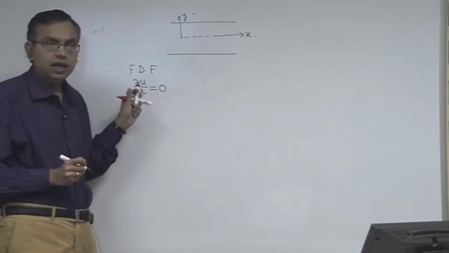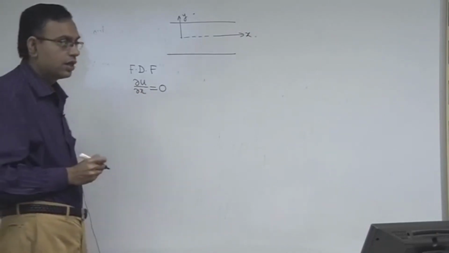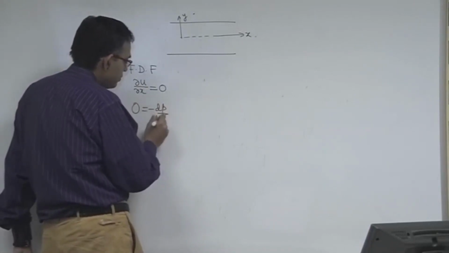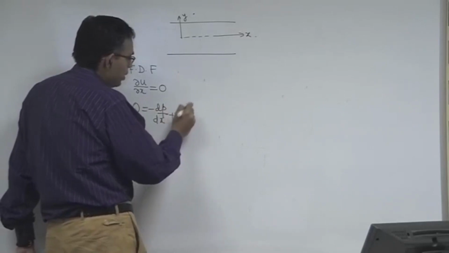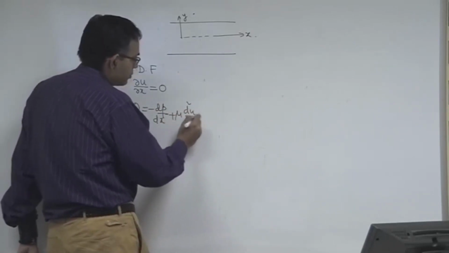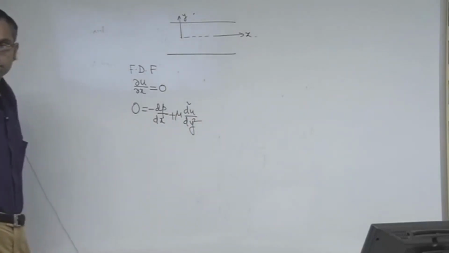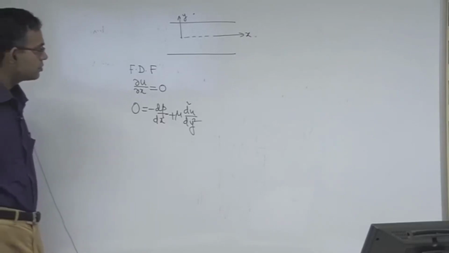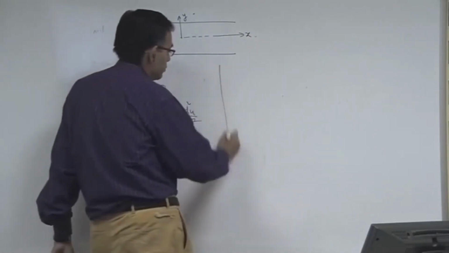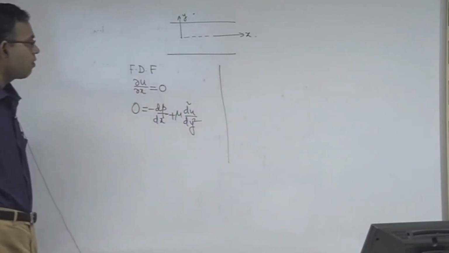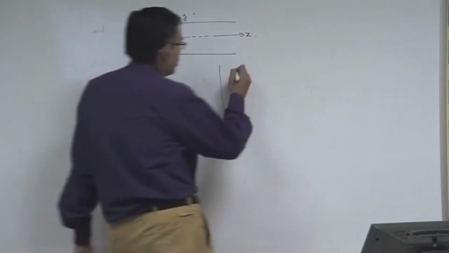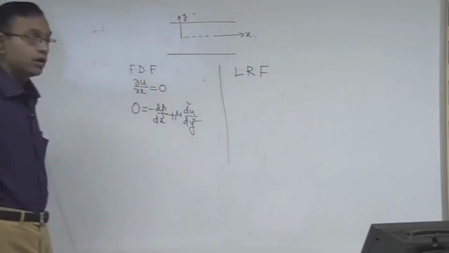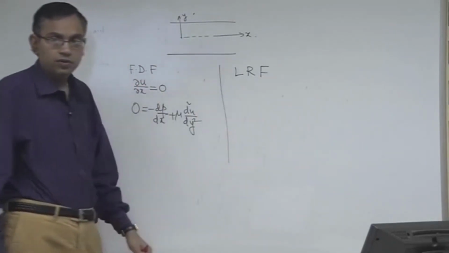We had del u del x is equal to 0 and 0 is equal to minus dp dx plus mu d2u dy2, right. Low Reynolds number flow. This is fully developed flow, this is low Reynolds number flow.